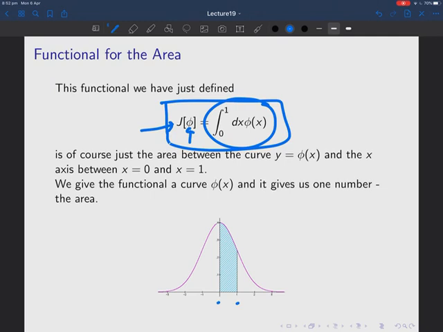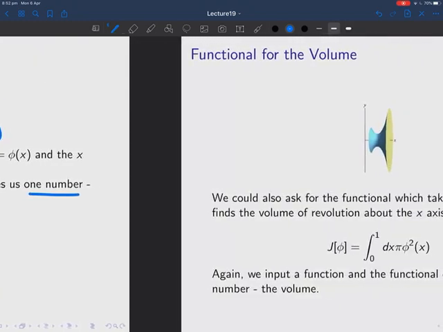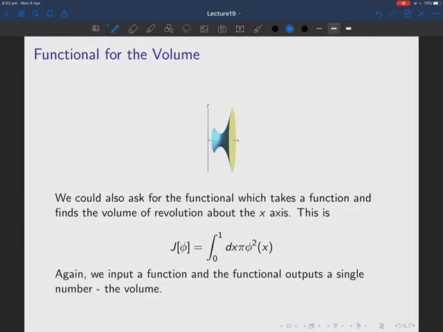That's the one we just defined, and that's the area between the curve y equals phi of x and the x-axis between 0 and 1. We give this functional a curve as input, and it gives us one number, the area. That's the output of our functional, one number. It takes a whole function and condenses it down to one actual number.